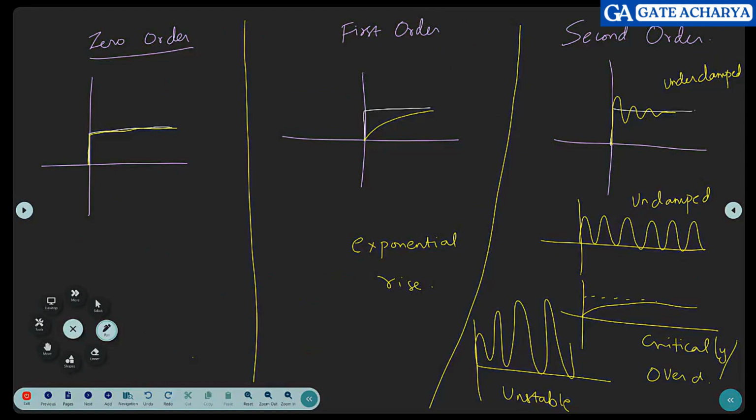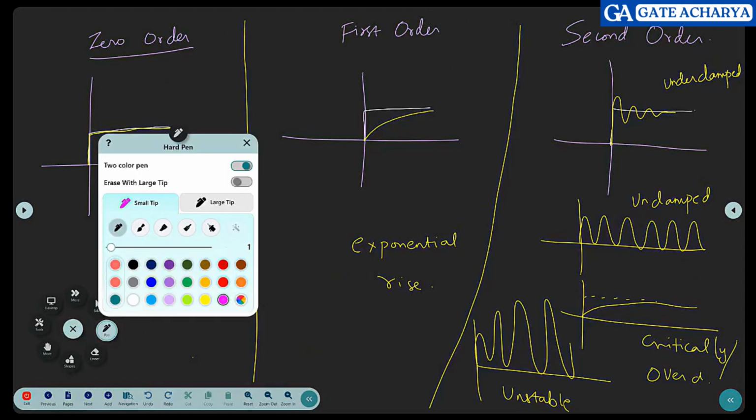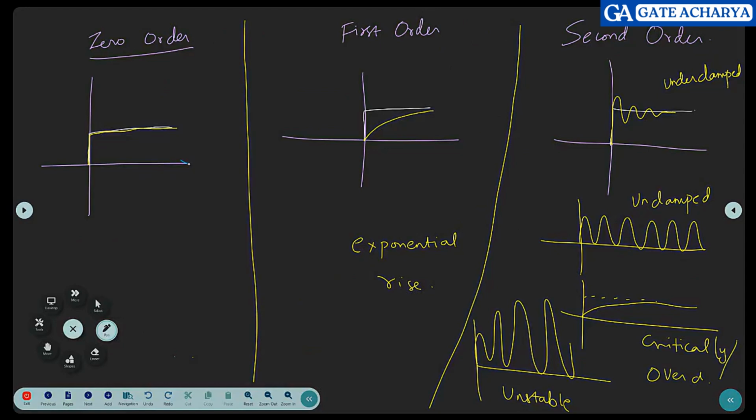And a small important warning: what is this axis? Time. So we are all talking about time domain. I'm not talking about frequency domain yet.